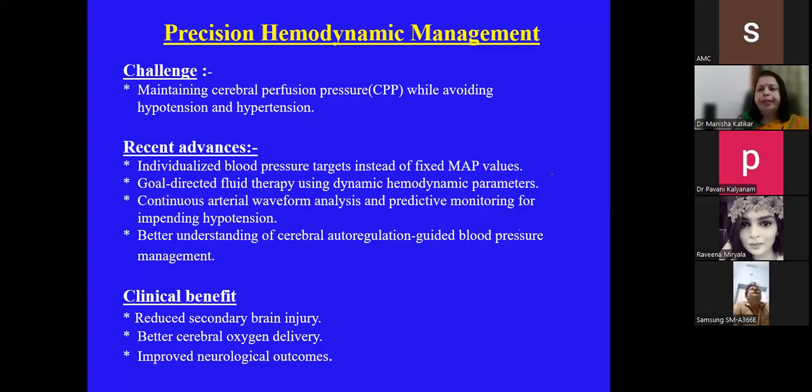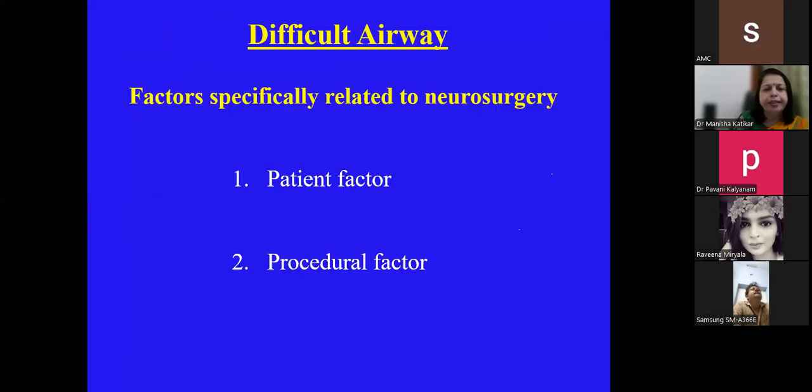See, primary brain injury is not in our hands, but we have to avoid secondary brain injury. We have to give better cerebral oxygen delivery, and it all will go toward improved neurological outcome. So we as anesthesiologists are playing an important role in the improved neurological outcome of the patient, and that is very important. So why difficult airway?